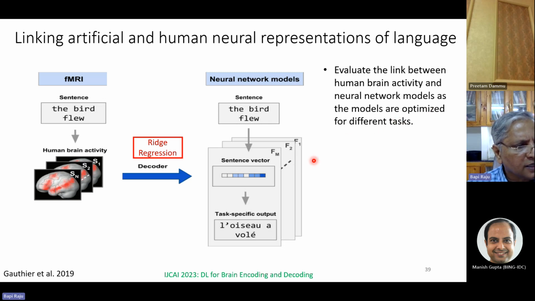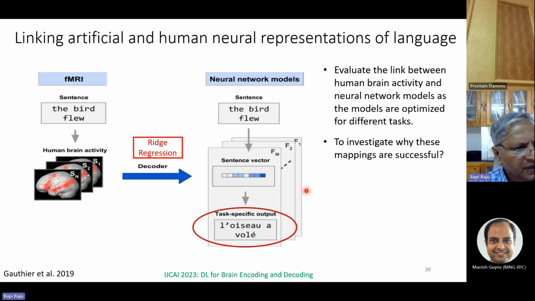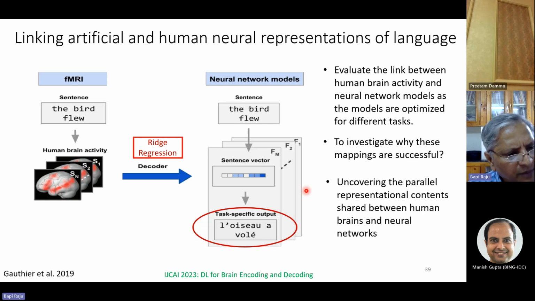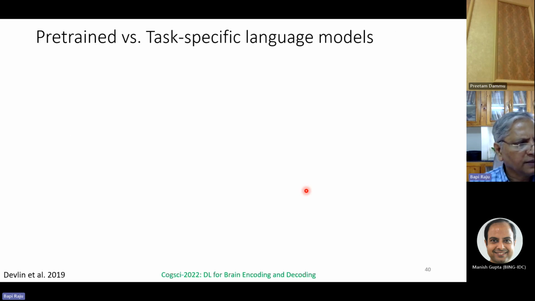look at this as the neural network models are optimized for different tasks, right? So task specific representations are used for prediction for decoding task. Right. And look at why these mappings are successful and what are the shared representations across models and human brain.